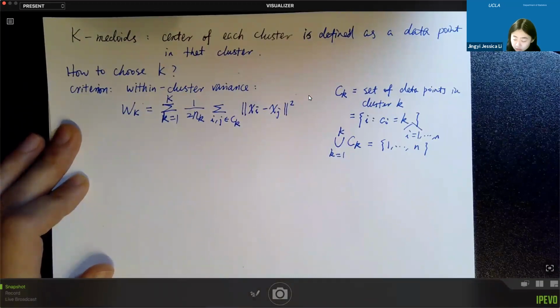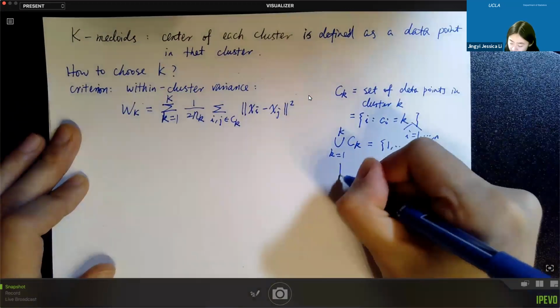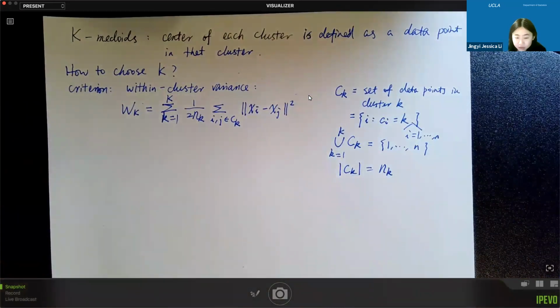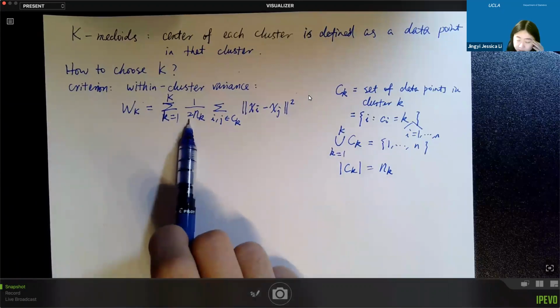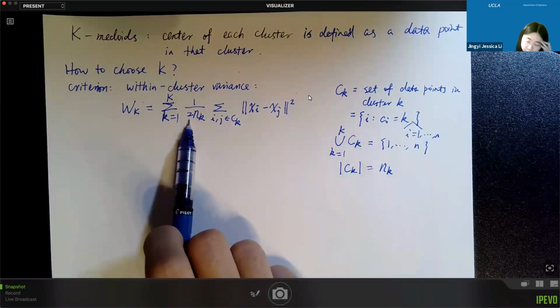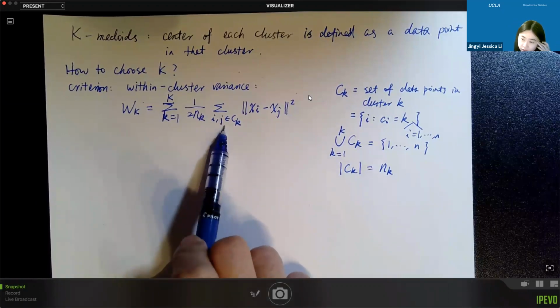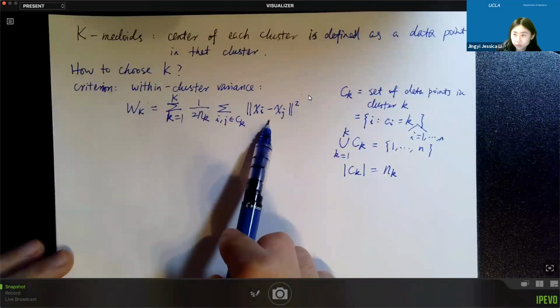And also here we say the size of CK equals NK, the number of data points we have in cluster K. Now, where does the 2 come from? Here we are not specifying which is i and which is j, so we could swap them: i becomes j, j becomes i. So each pair of two data points will be counted twice.